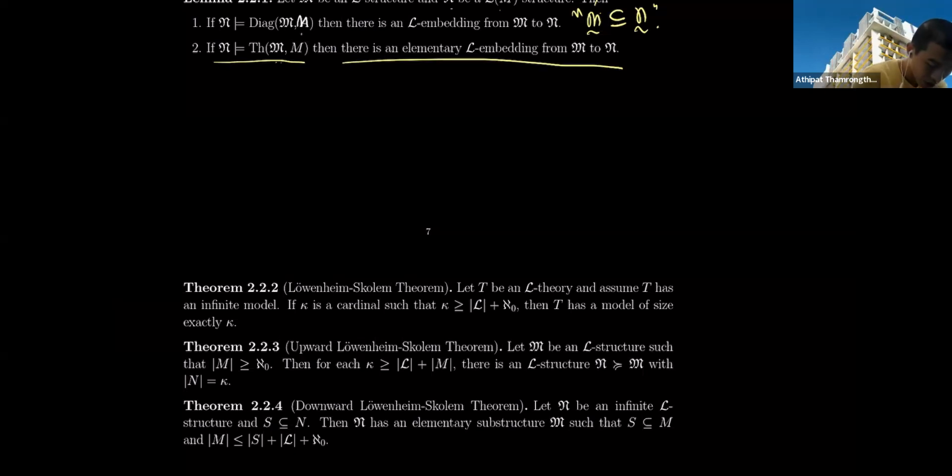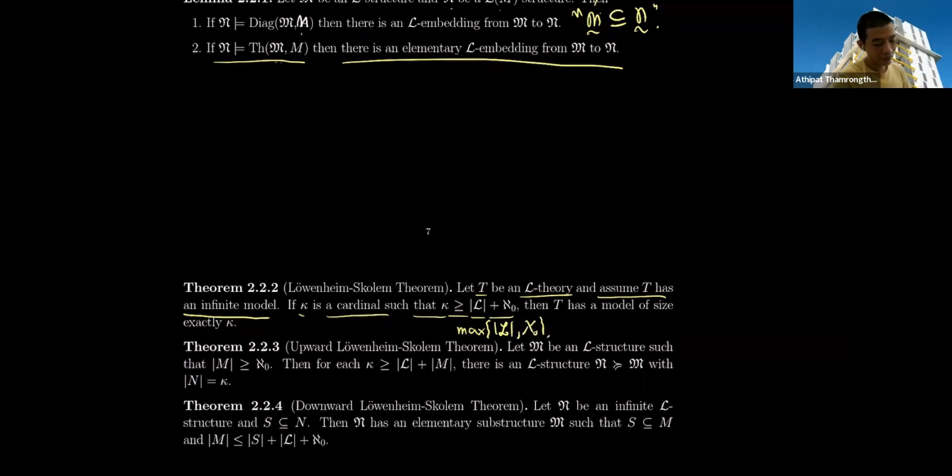Okay, here is the Löwenheim-Skolem theorem. It says that if you have T an L theory, and suppose that T has an infinite model, and if kappa is a cardinality that is larger than the cardinality of L plus aleph naught, where this is equal to the max of the cardinality of L and aleph naught, right?